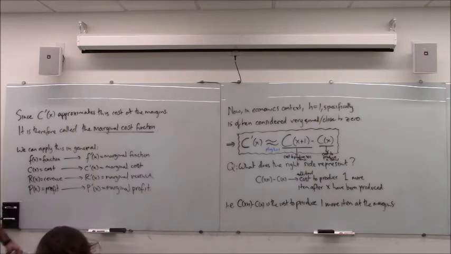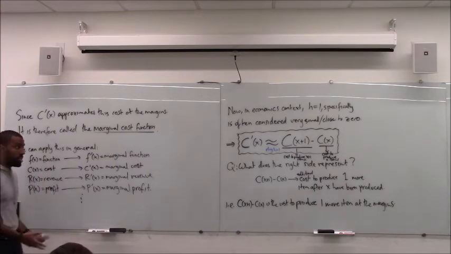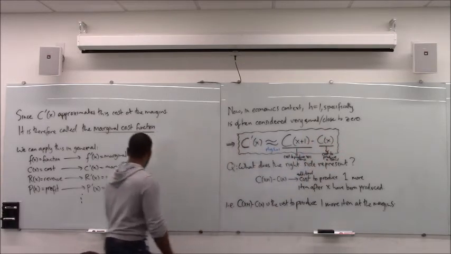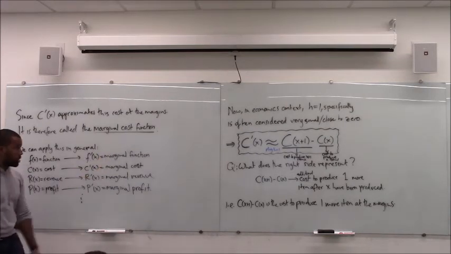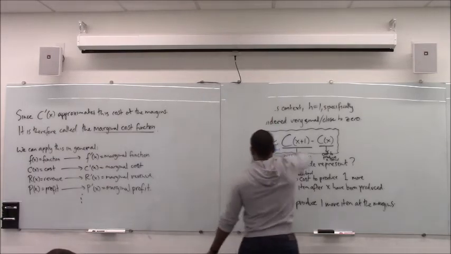It's just a way to talk about the derivative whenever they put the word marginal. It just means derivative, essentially. But it means you're thinking of the derivative in a very special way. You're thinking of it as an approximation of this sort of quantity. And when you're thinking of the derivative in this particular way, you call the derivative function a marginal function. So that's what a marginal function is.